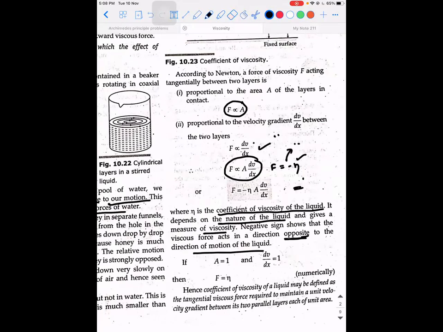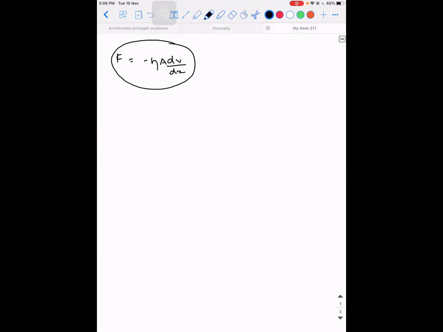Now observe, guys. I want to define the coefficient of viscosity. If I write only in terms of magnitude, F is equal to neta into A into dv by dx.